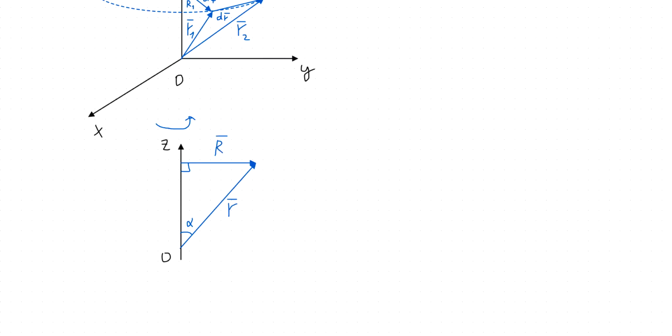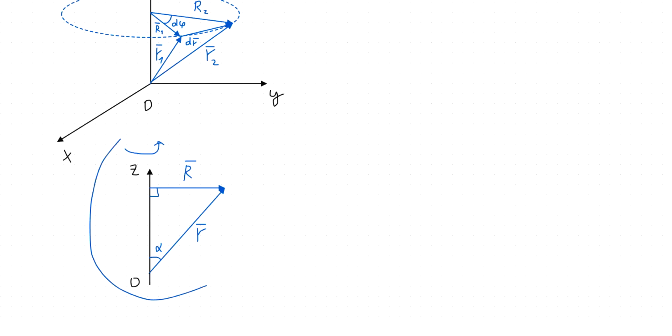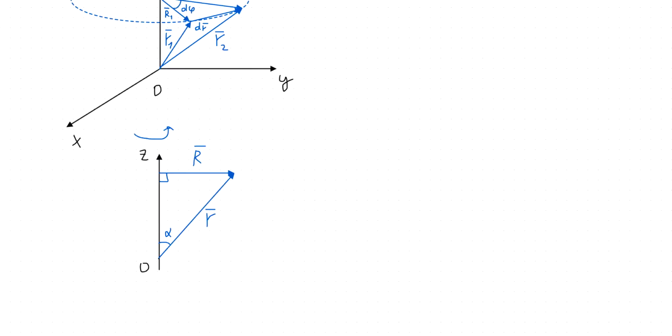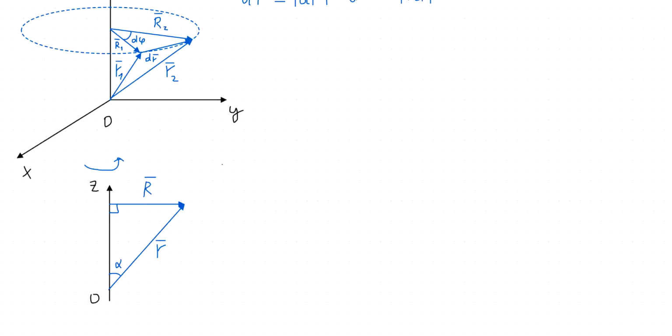And from this triangle, we can notice that capital letter R is equal to r multiplied by sine alpha.